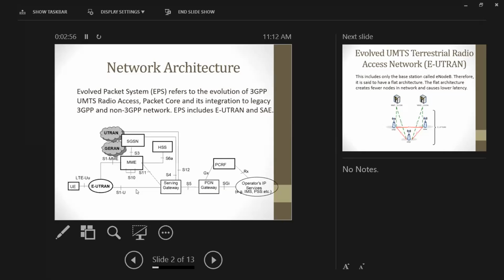Many control operations will go on, before you have some active data transfer, or along with your active data transfer. So a lot of control operations you need. So this control and the user data transfer are separated in the case of 4G.